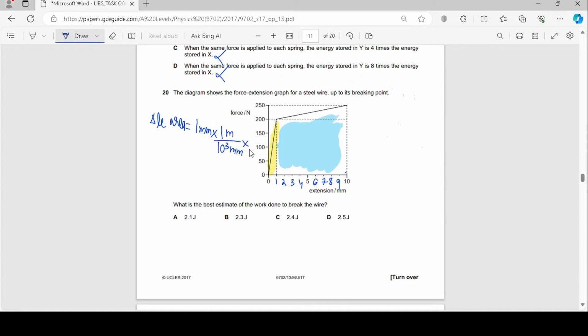I'm going to write it on the left side because I don't have space. So A, the area of the triangle, equals this expression multiplied by the base, and then the height is 200, that's the force. So you get 200 divided by 1000. Why am I using a calculator for that? I don't know.